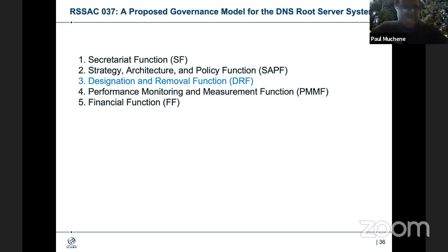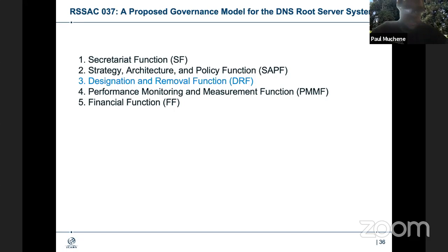Then there'll be the strategy, architecture, and policy function. Now, this is going to be concerned with the technical and the architectural aspects of the root server, whether they meet maybe certain standards of quality of service. And then in this one here, there'll also be the policy function.